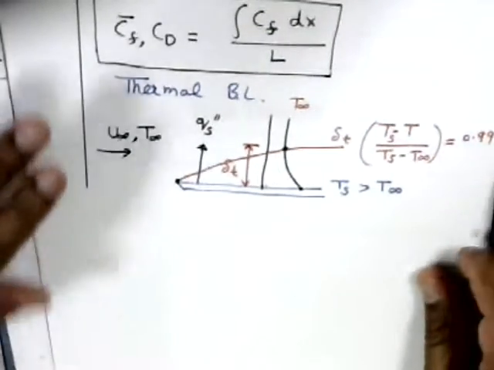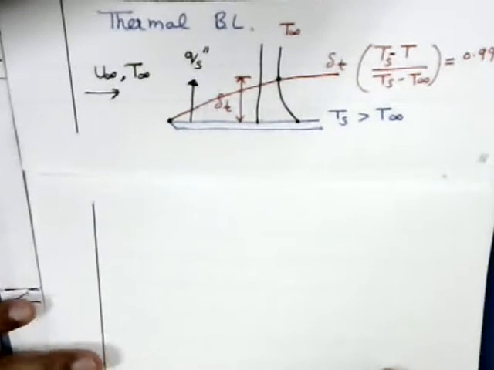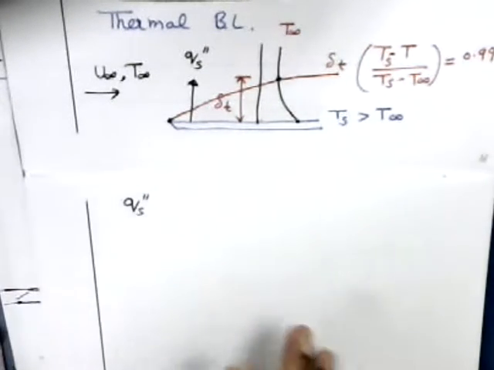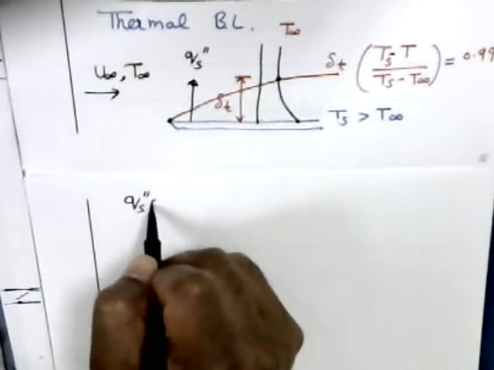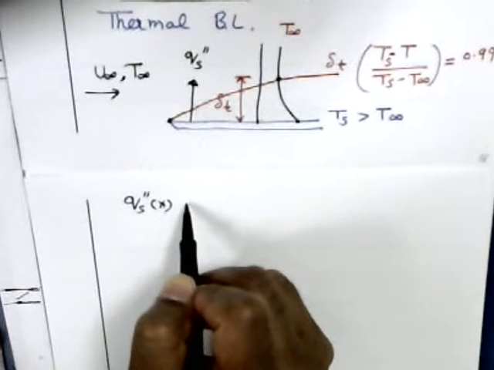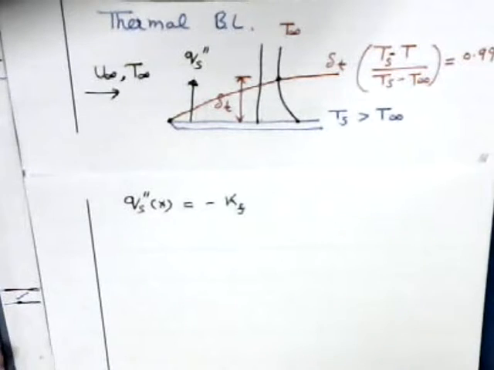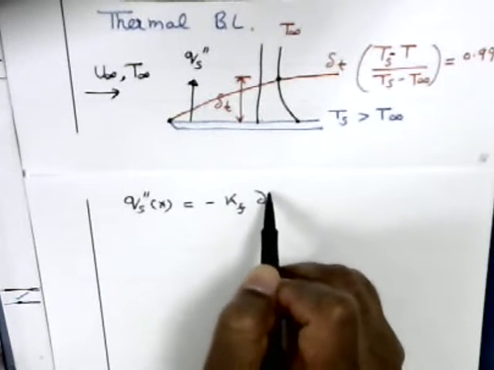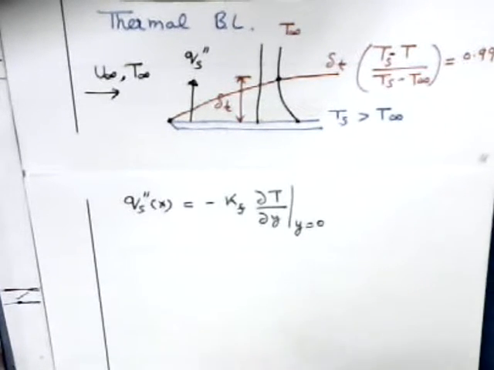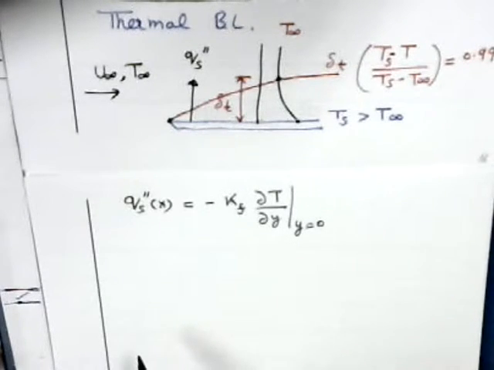Now we can use Fourier's law because of that. Fourier's law is applicable for conduction. And you can write this Qs double prime, this heat flux, which is a function of x, the distance along the plate, as negative K, where K is the thermal conductivity of the fluid, times dT/dy at y equals 0, based on Fourier's law. That is by conduction at the wall.